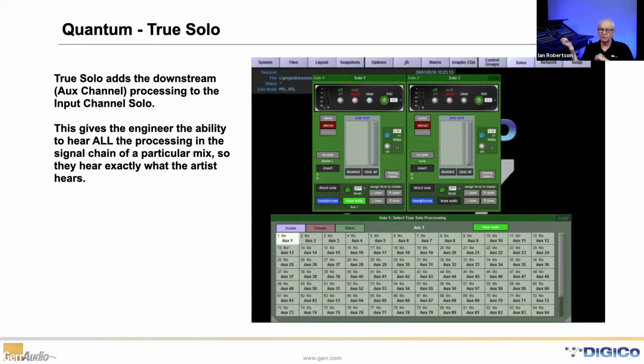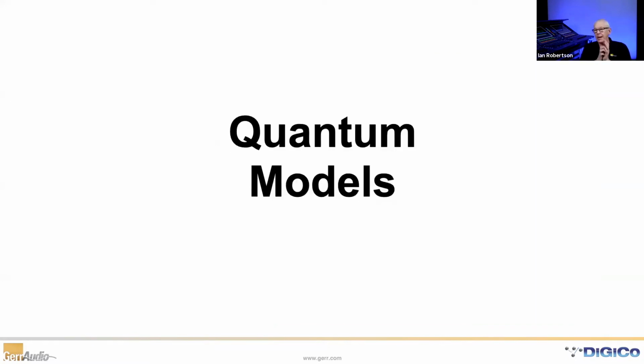You don't have to guess. You don't have to remember, oh, I've added a bunch of top end to that mix or taken it away. So again, True Solo is another kind of innovative thing, and all these are possible because of the added horsepower that Quantum gives us. I'm going to run down the models real quick.